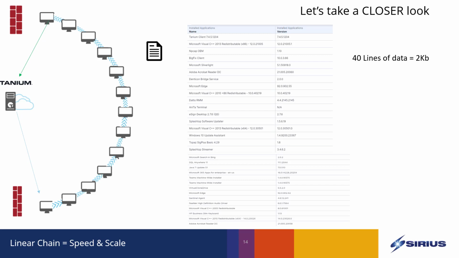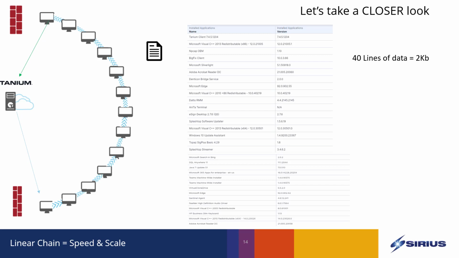But let's also be fair, in most environments, your browsers, your Office, these things are installed pretty consistently around the environment. But let's just say for this simple subnet, I double the amount of information. So now instead of 20 lines, which is mostly duplicate, I doubled the size of this. And now this is 2K of data I am moving on here.